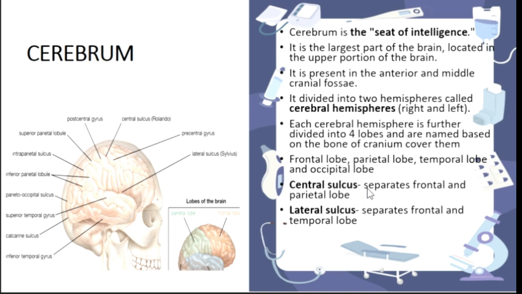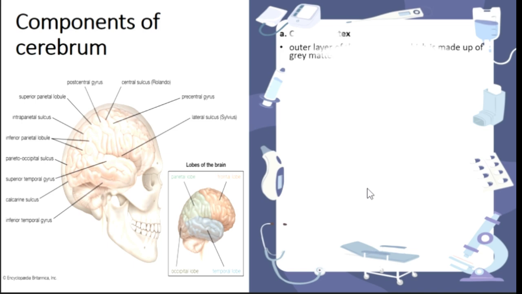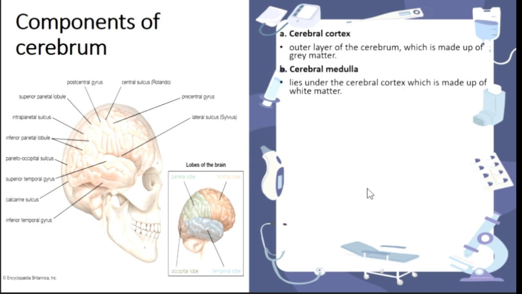It consists of three sulci: central sulcus, lateral sulcus, and parieto-occipital sulcus. The central sulcus is present between the frontal and parietal lobes, and the lateral sulcus separates the frontal and temporal lobes. The parieto-occipital sulcus, as in the name, separates the parietal and occipital lobes. And then we have learned about the components of the cerebrum.